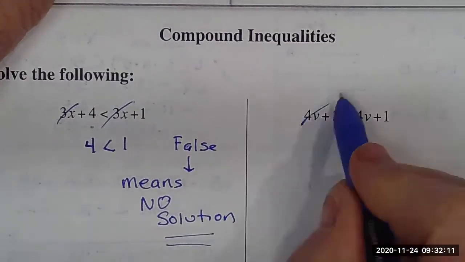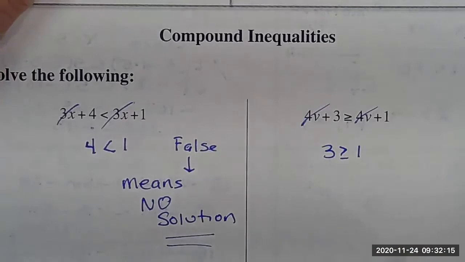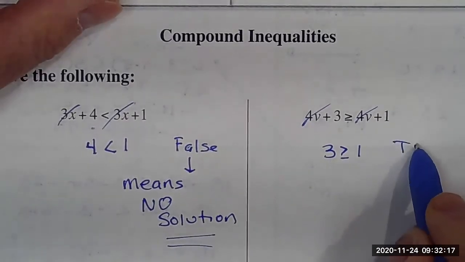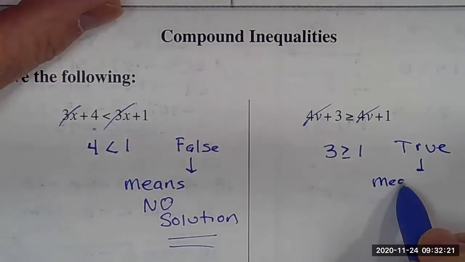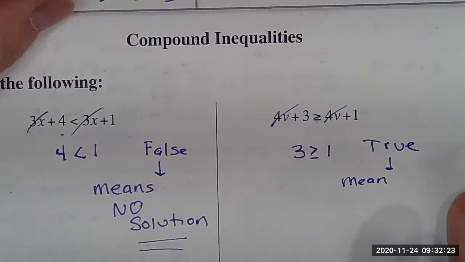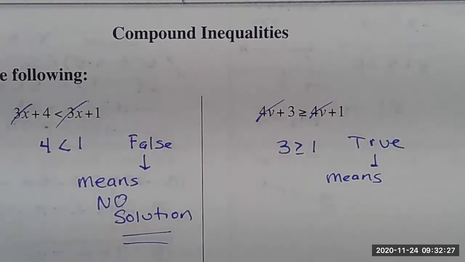In like manner over here, if the b's go away and you get 3 bigger than or equal to 1, of course that's true. True means everything works. Mathematically you wouldn't say everything, you might say all real numbers. That's probably the best.